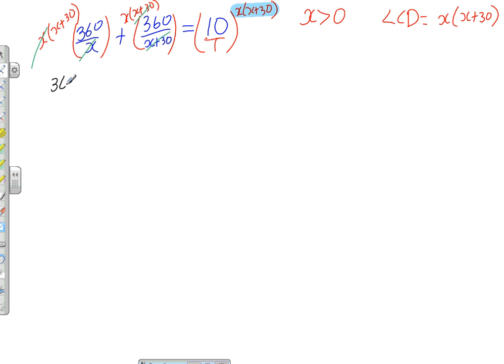And now we've got 360 times x plus 30 plus 360x equals 10x times x plus 30. And expand them.